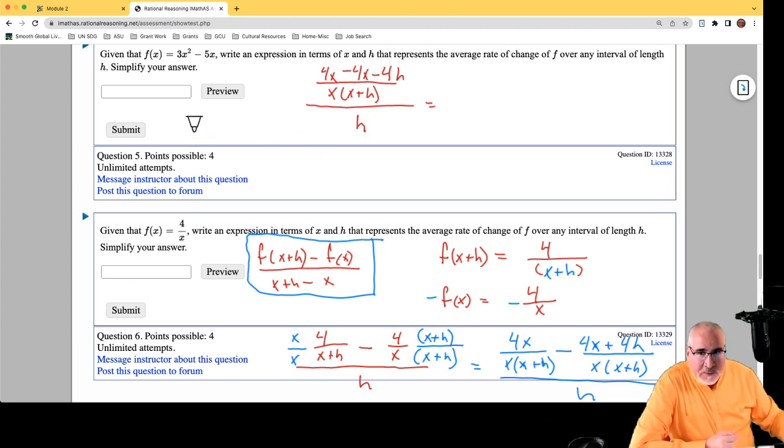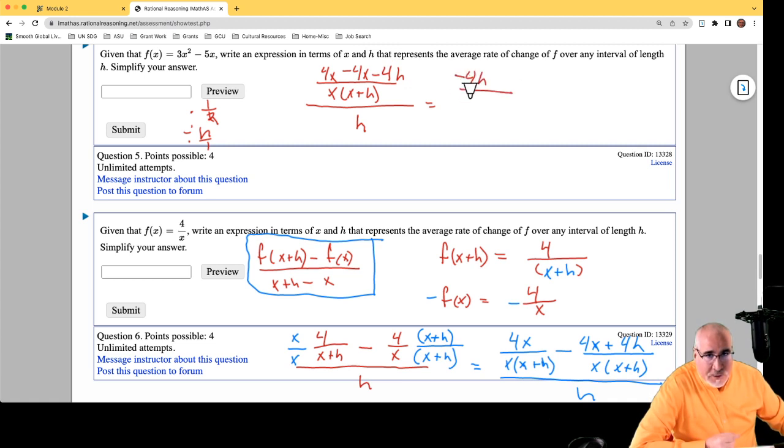A way of thinking when you're dividing by h, that's like h over 1. Remember, when we divide fractions, we turn it into multiplication of the reciprocal, 1 over h. So watch this. I'm going to simplify this numerator, 4x minus 4x is 0. So we're left with negative 4h over x plus h.